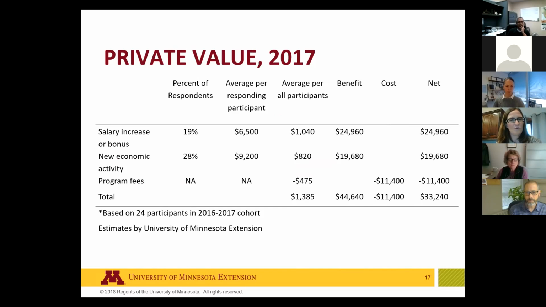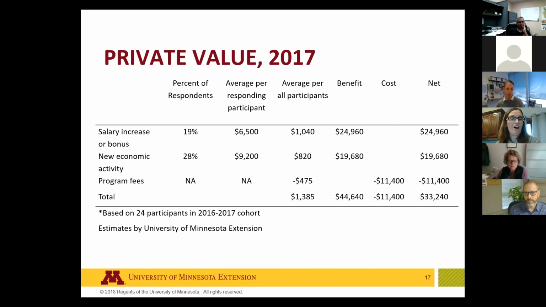So there's a really great article out there. If anybody's interested, I can send you the information about it. But if you're going to say that everybody in the population got this raise, you have to make sure that you don't use that $6,500 per person, because that's just the people who reported having a raise.